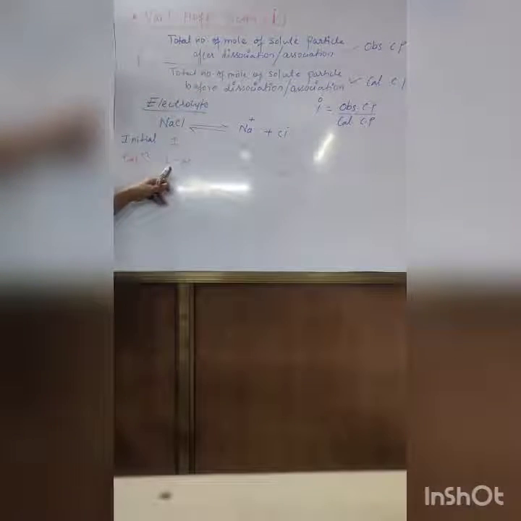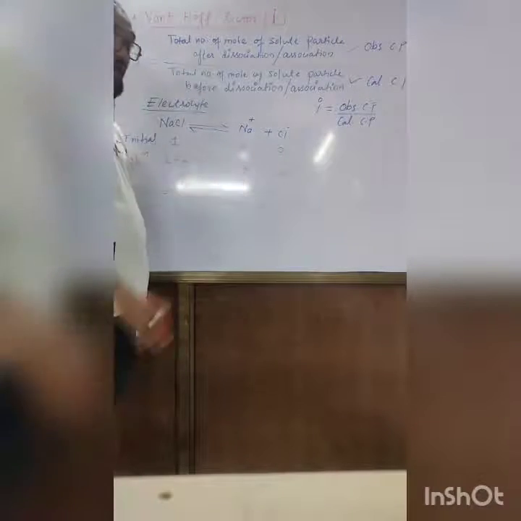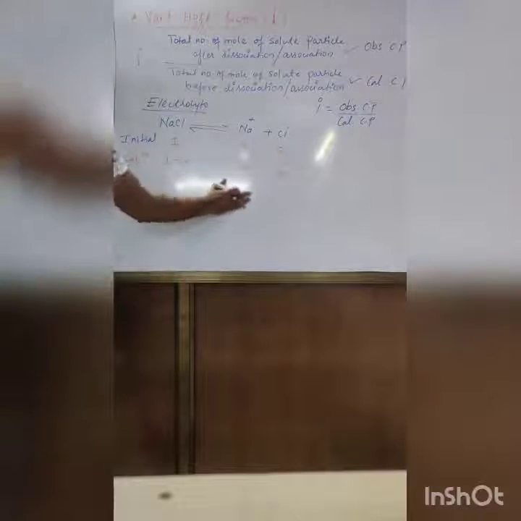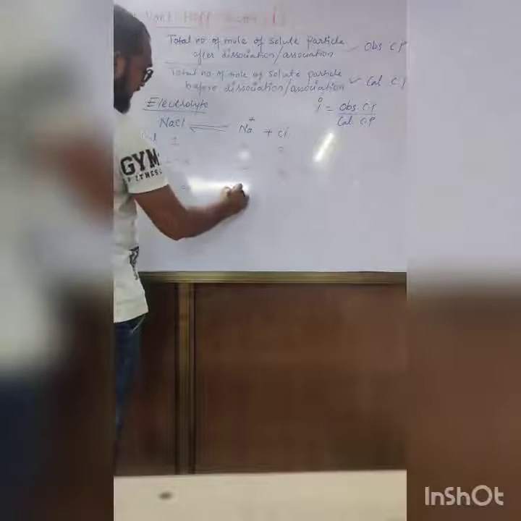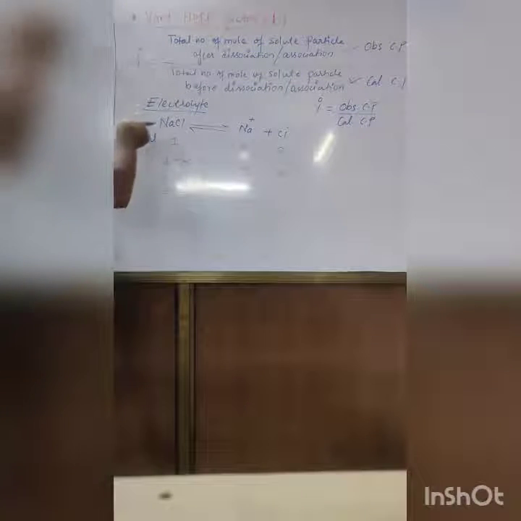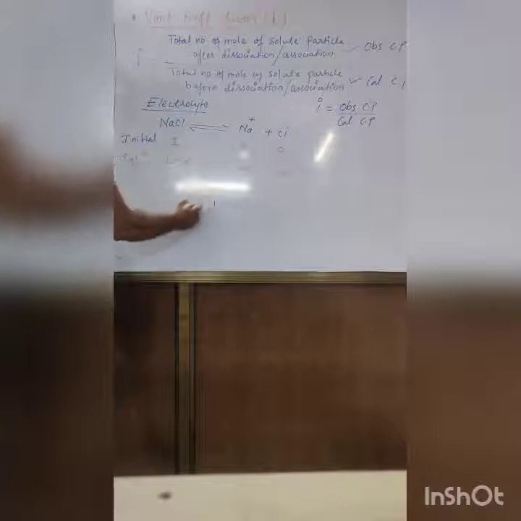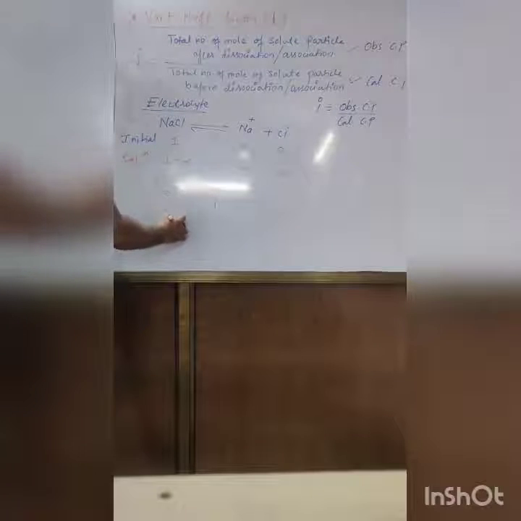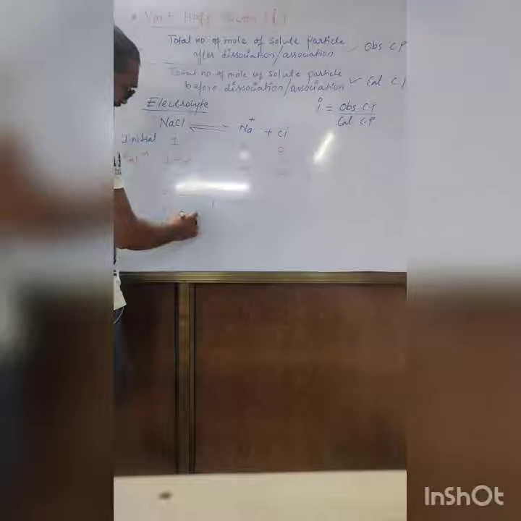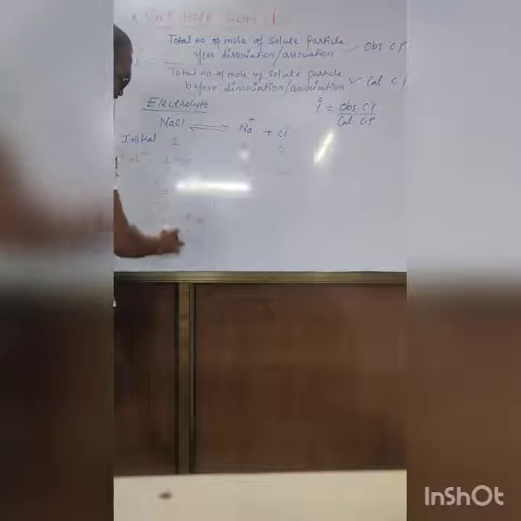This is undissociated solute, this is dissociated solute. So in a container or in a solution, all three will be present after dissociation. So we can write plus 1 minus alpha, upon total number of moles before dissociation, which was 1. So i value is equal to alpha plus 1 upon 1, the same. Alright.